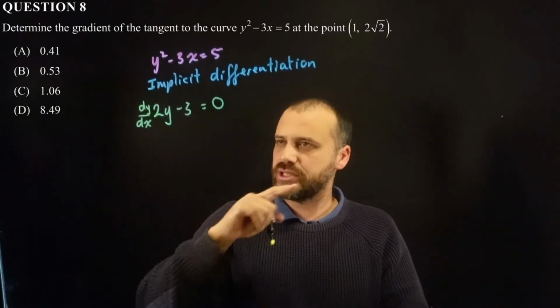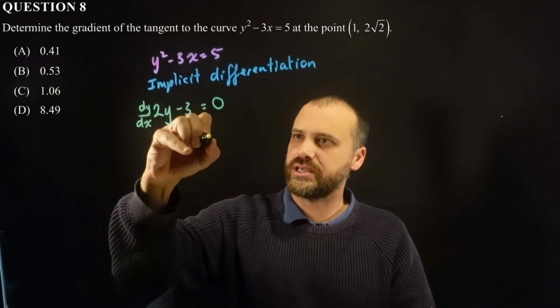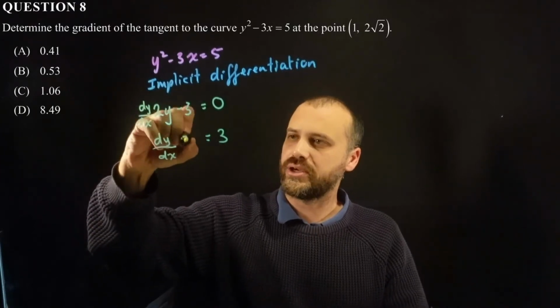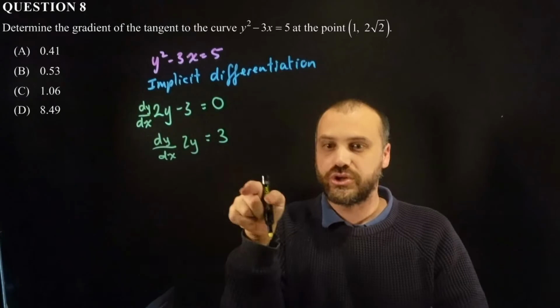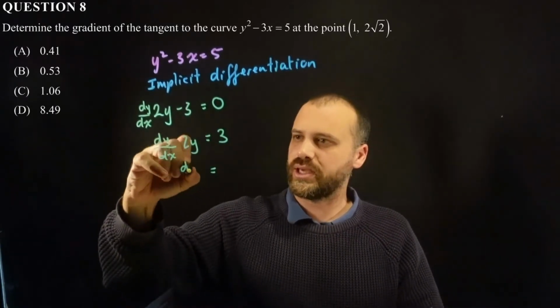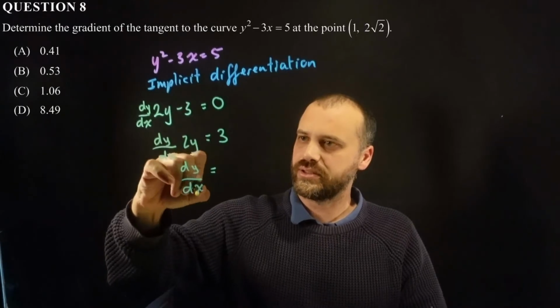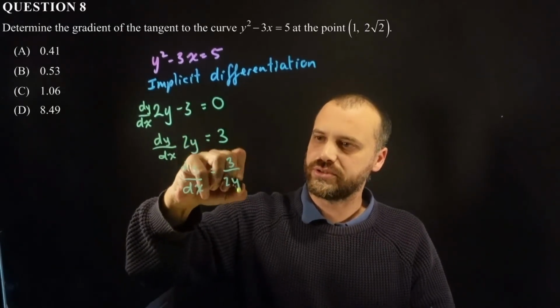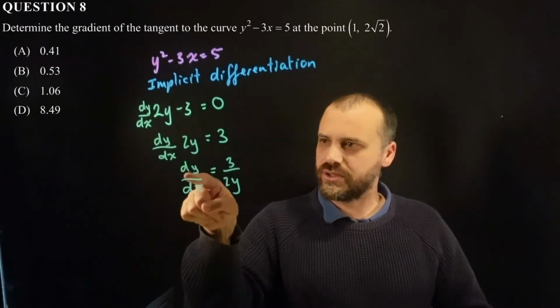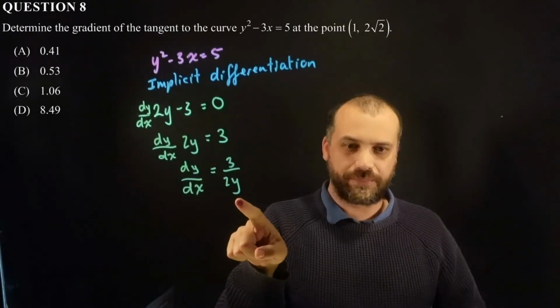We can rearrange this a little bit by bringing 3 to this side, which means that dy dx 2y equals 3. And then we can divide by 2y. We get dy dx equals 3 over 2y. Now this is an interesting question because the derivative depends solely upon y.